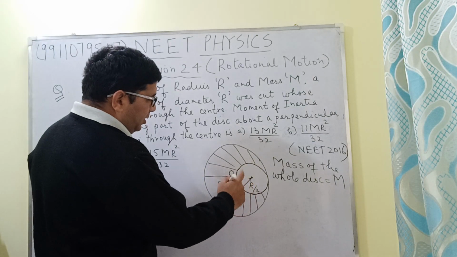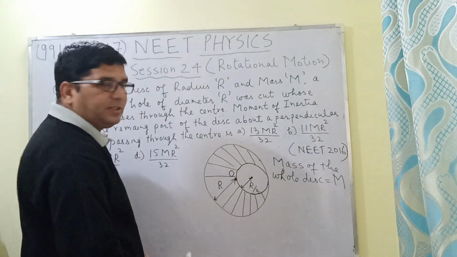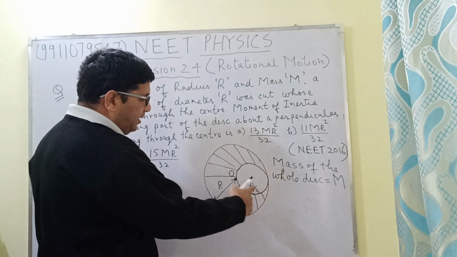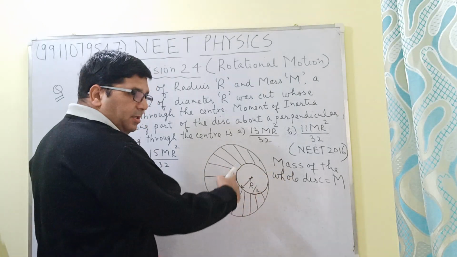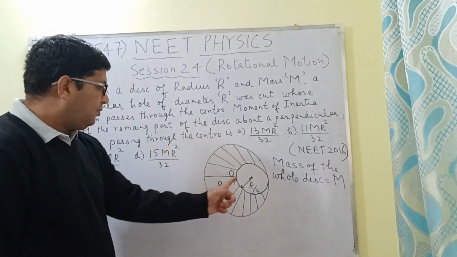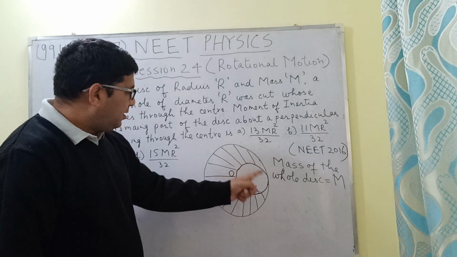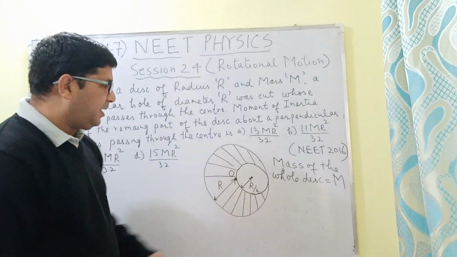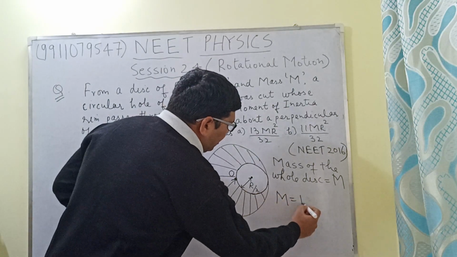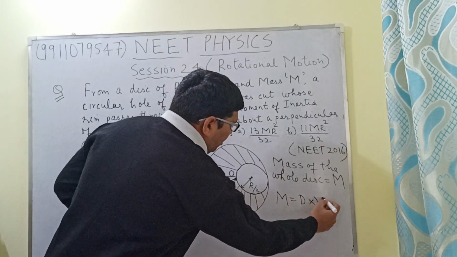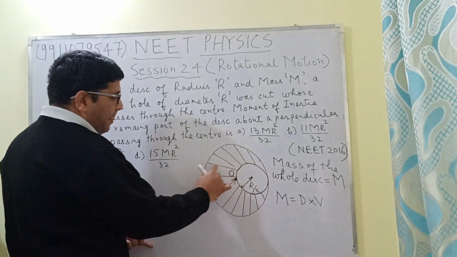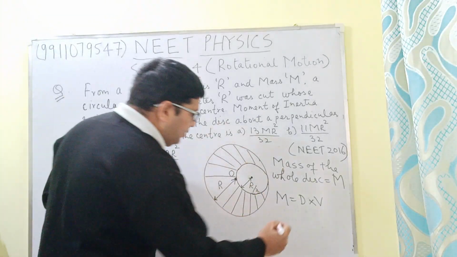Now in order to find the moment of inertia, first, the mass of this whole disc is given as m. Now we have to find the mass of the disc which has been cut, having a radius equal to r by 2. You know that mass is equal to density times volume. The density of the cut disc and the whole disc is the same.